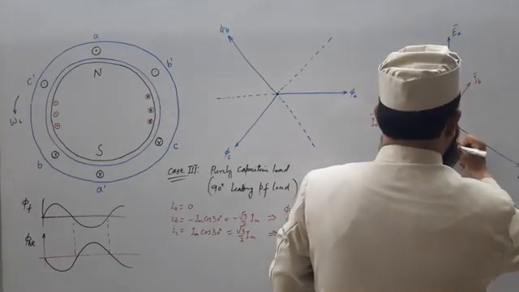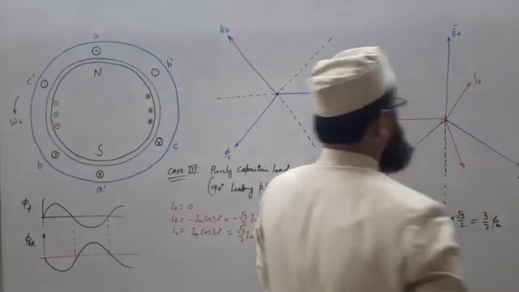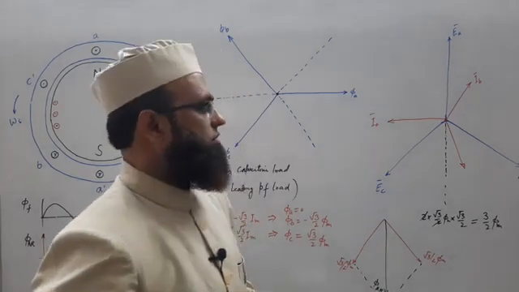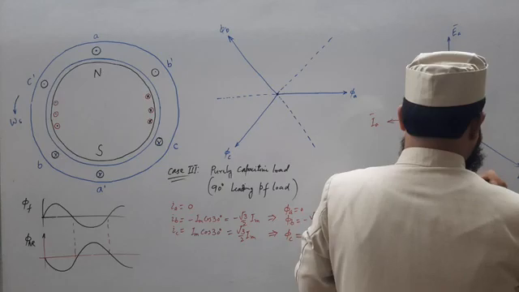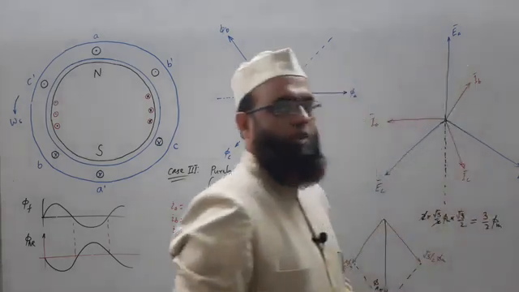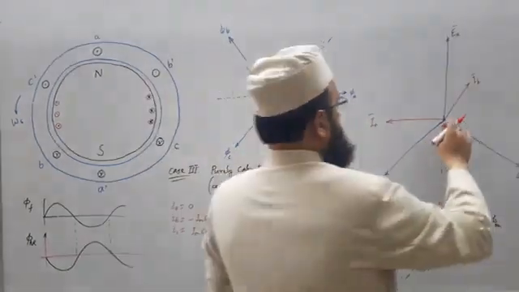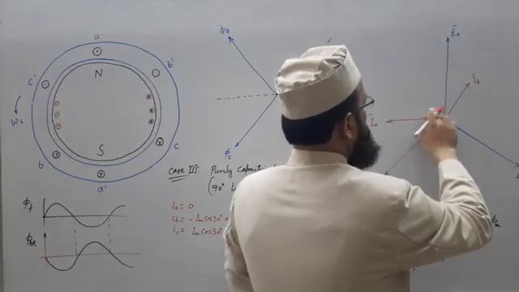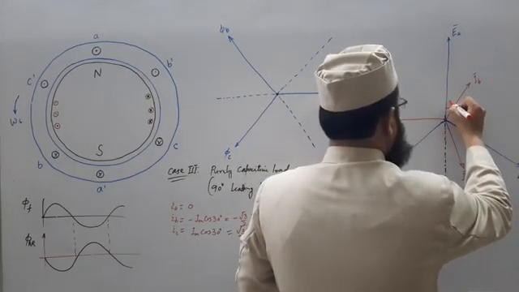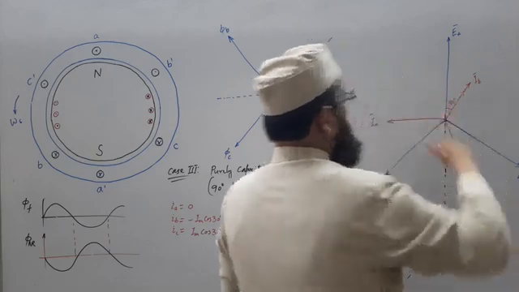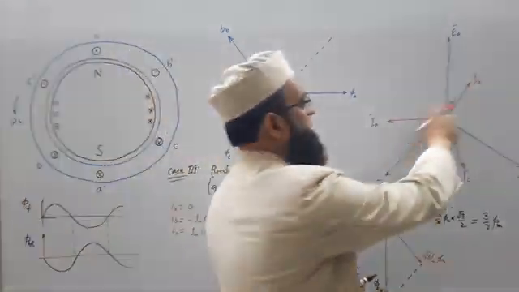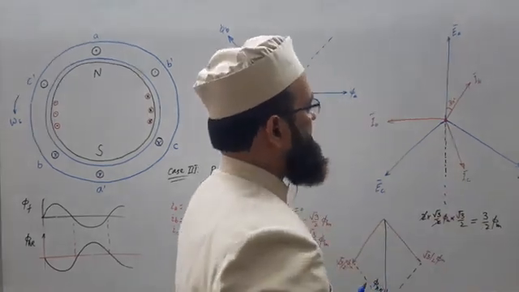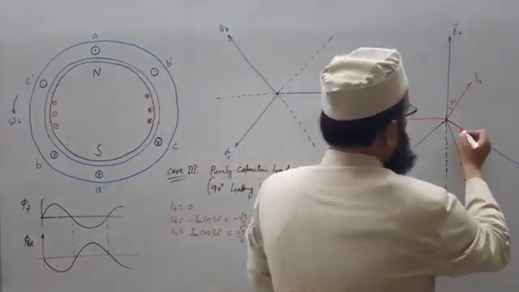So what about angles? We have to take projections along the vertical axis in order to get the instantaneous values at this moment, so just write IC here. What will be the angle between these two? This is 90, so this will be 30. As the three phase currents are also balanced, a 120-degree phase displacement must be there in between.